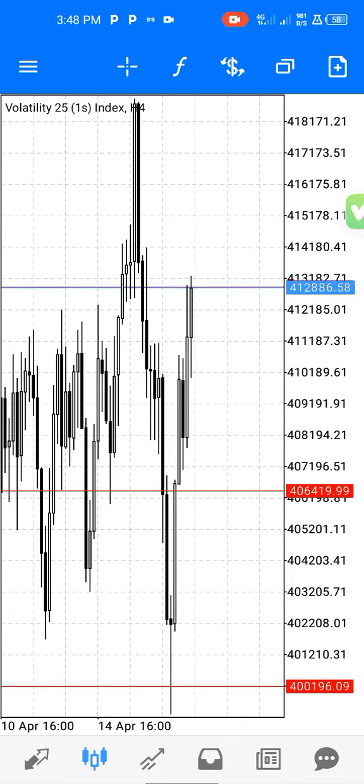Pending orders are automatic, or should I say pre-programmed, orders that you place on your chart, either to buy or to sell at a given period, even when you're not online, when you're not even on your chart at all. And majorly we have four of them.